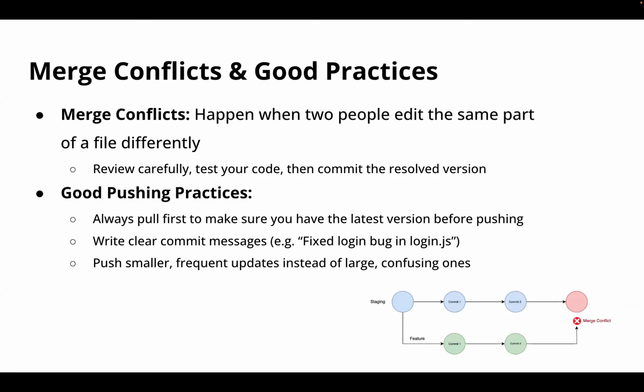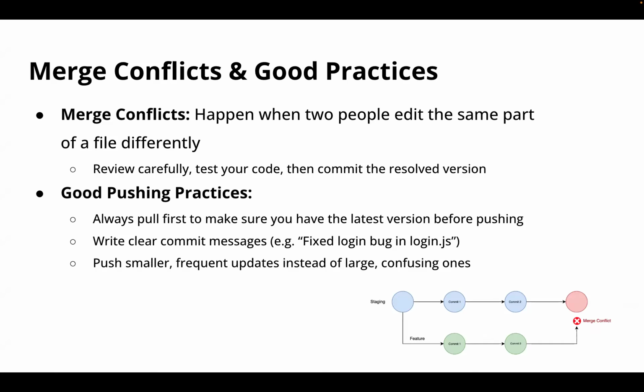With GitHub and working with multiple people, I feel like merge conflicts are bound to happen. They happen a lot when you make your own branch and then try to merge into main, and someone else made an edit to main, and you both have these edits and it gets really confusing. So one thing you could do is review your code carefully and test your code.